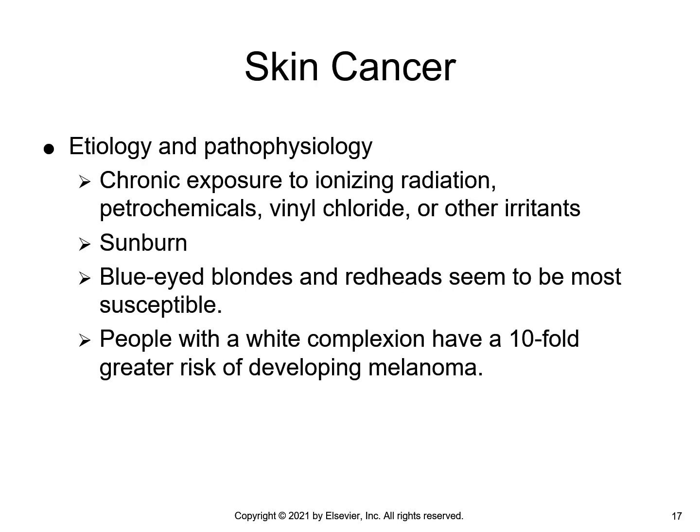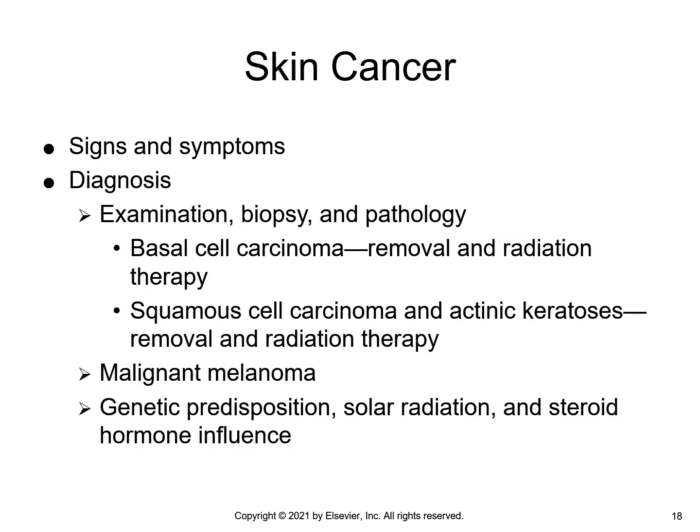More than 5 million cases a year of basal cell and squamous cell cancers occur within the United States. Basal cell carcinoma appears as small, scaly areas and tends to become larger as the disease progresses.